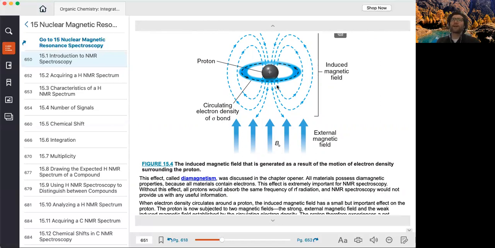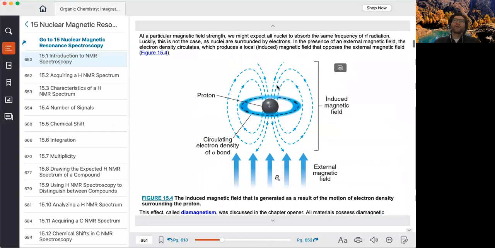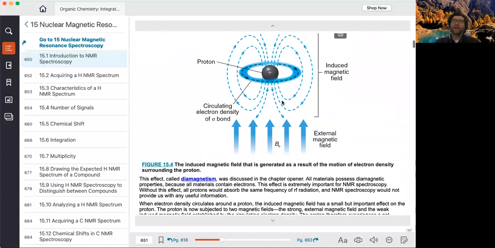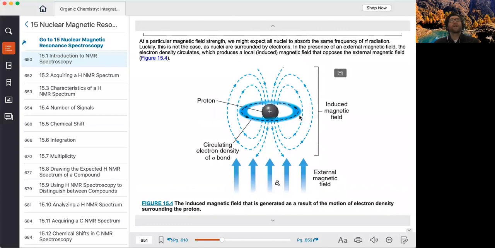We'll get into why radio frequency radiation is important in the next chapter, but let's just say that we're going to use NMR spectroscopy to find what types of hydrogens are present in a molecule, by irradiating them with radio frequencies, and then using how much each is shielded to find the structural characteristics of those molecules. So that's it for section 15.1.